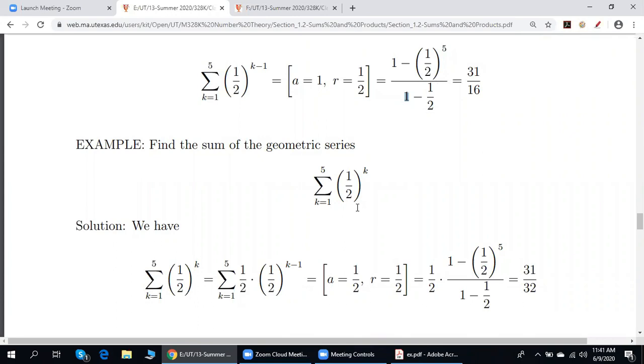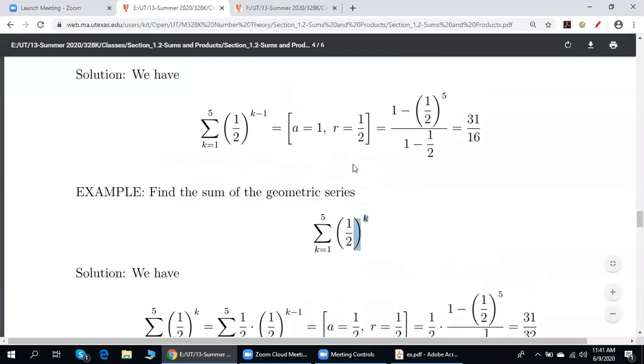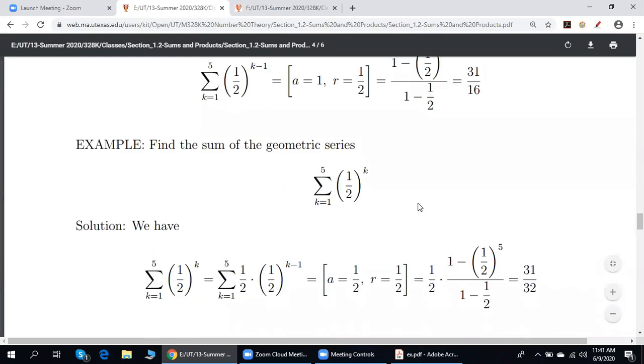Similarly, please take a look at this. Now we have 1/2 to the k's power. Looks very similar to this. The difference is here k's power, here k minus 1. What do we do?